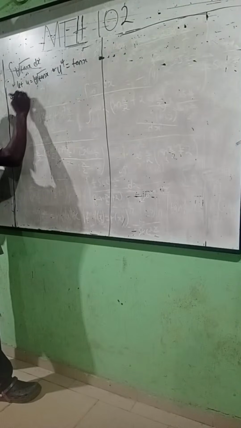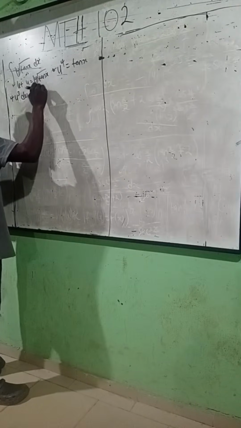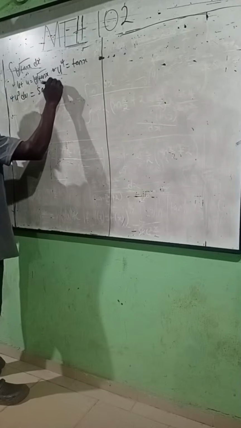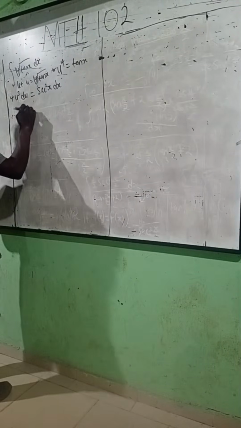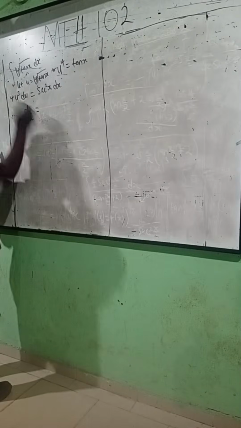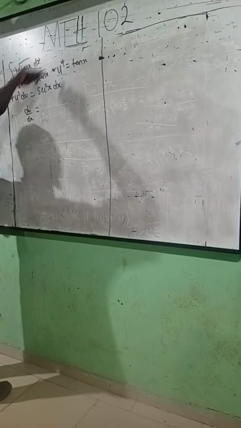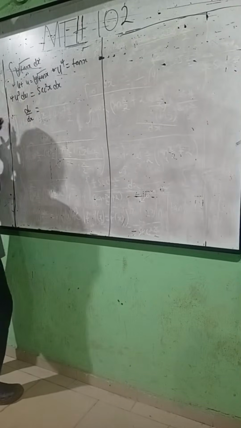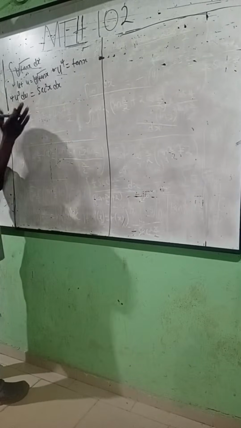4u cubed du. And if you differentiate tan x, you get sec square x dx. You may start by saying du over dx equals whatever, but because this side has a power already, you have to differentiate it separately.